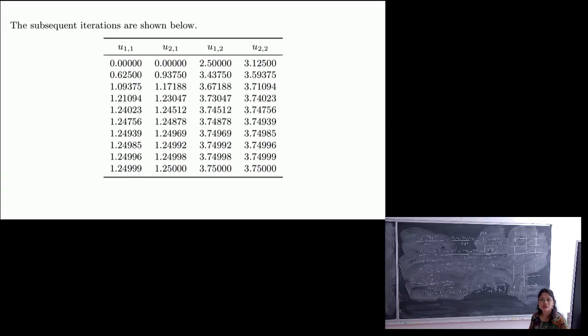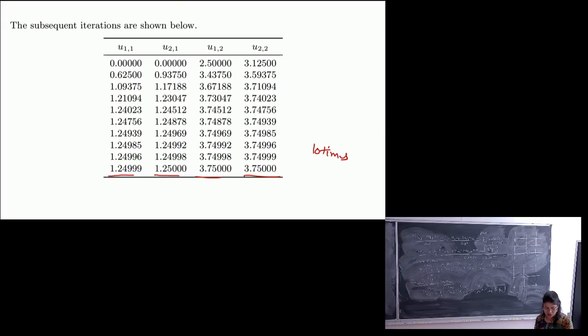If we apply different iterations, we are doing this approximately 10 times, and you see that after 10 times we get the solution almost as 1.25, this is almost 1.25, this is 3.75 and this is almost 3.75.